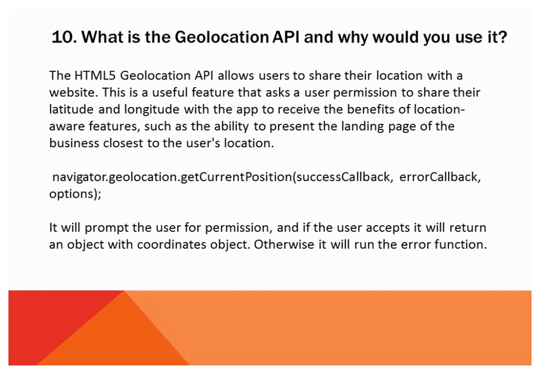This is navigator.geolocation.getCurrentPosition, with success callback, error callback and options. It will prompt the user for permission, and if the user accepts, it will return an object with the coordinates object. Otherwise, it will run the error function.